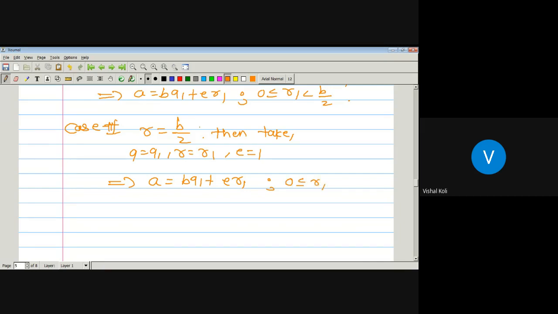Since from the division algorithm, we have A equal to BQ plus R, in which 0 is less than or equal to R, which is less than B. So here we just have to put Q as Q1 plus this 1 into R as E into R1.